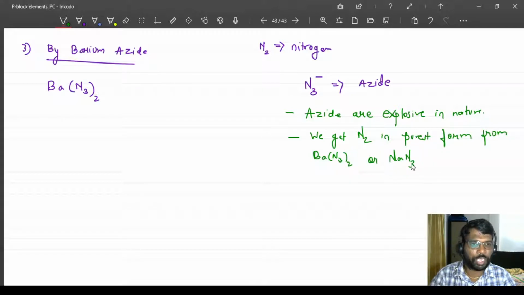For sodium, we require only one N3 because N3 itself is minus one and Na is plus one. Barium is plus two, so that's why we require it two times.